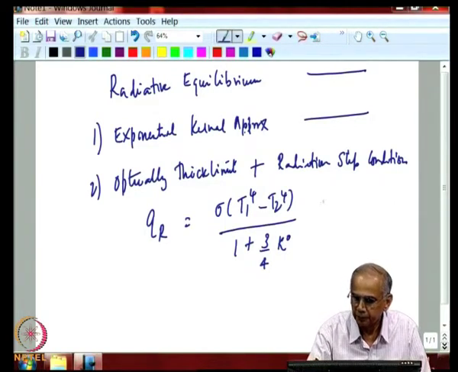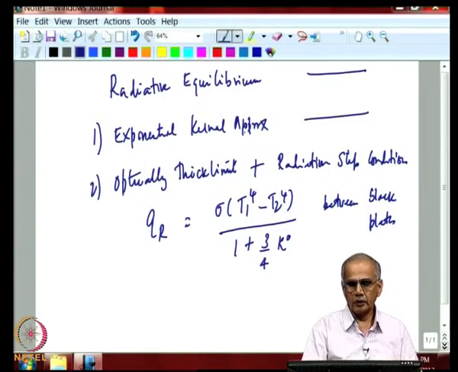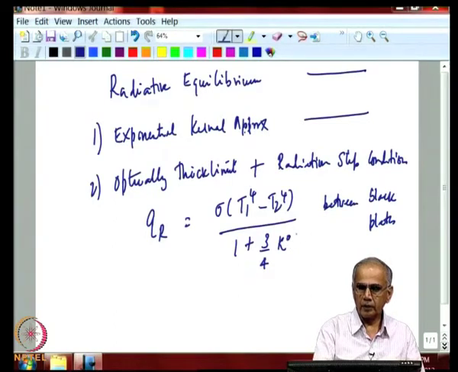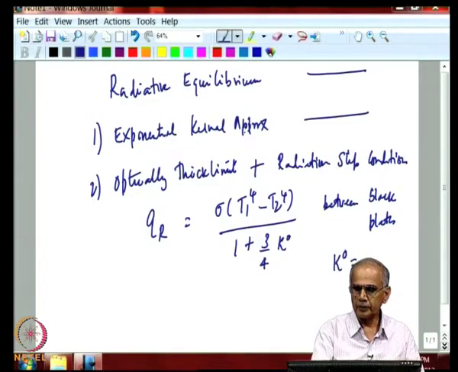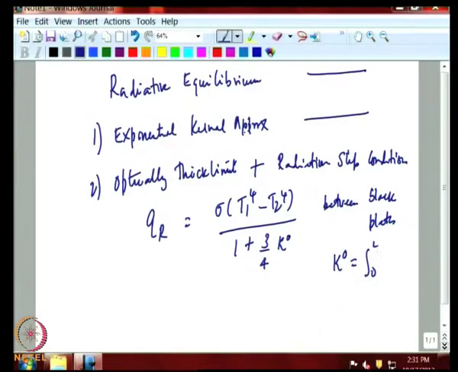This is between black plates, and this shows that where K0 is the absorption coefficient times the length of the gap between the two plates, in the optically thick limit this quantity becomes very large and the flux tends to 0, and in the optically thin limit this quantity is 0.